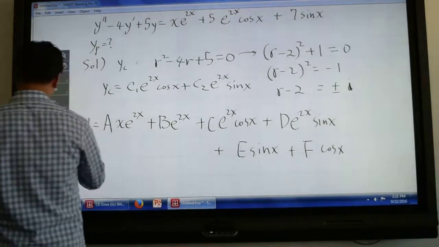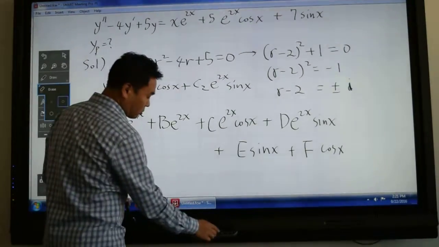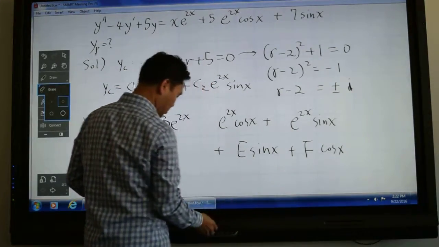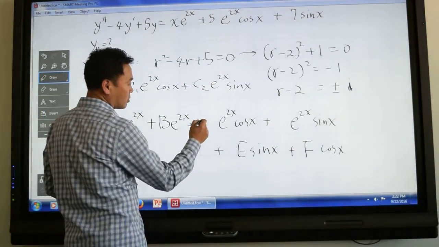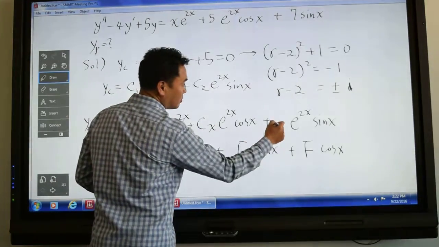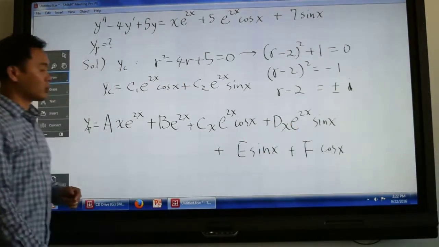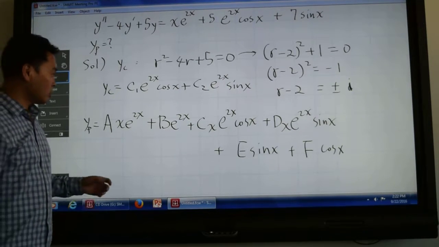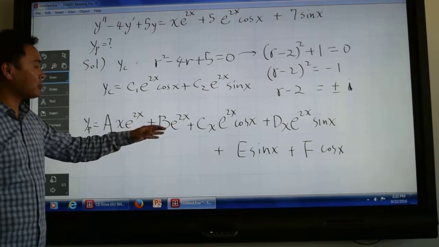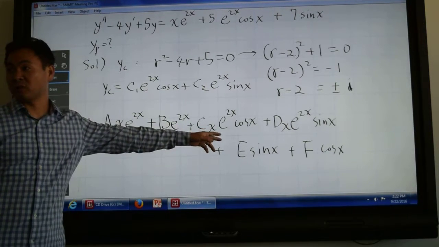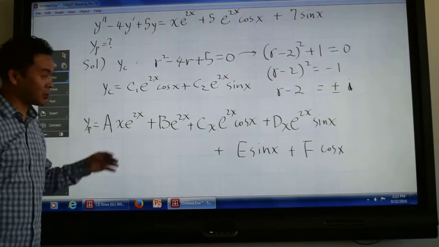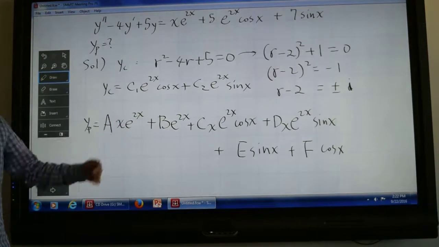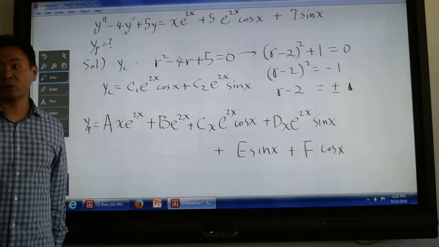So for those, you want to put an x in front. So these will need to have x in front. And sometimes when you put an x there, it also duplicates something in yp. In that case, you have to multiply x to the other ones too. But right now, you don't have anything, right? So that's where you stop.